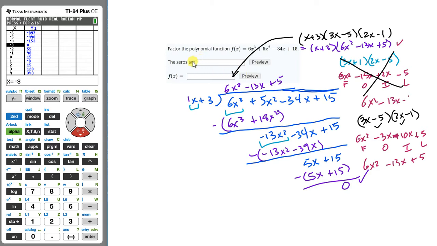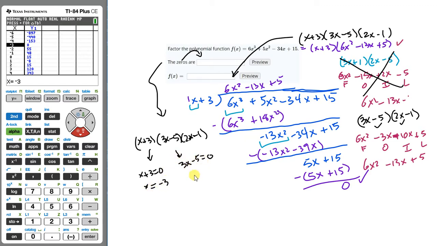This part just wants the zeros. So what are the zeros? Whatever makes the factor 0 are the zeros. So if my factors are x plus 3, 3x minus 5, and 2x minus 1, then set each one equal to 0 to get the zeros. 3x minus 5 is 0, so x equals 5/3, and then 2x minus 1 is 0, so x equals 1/2.